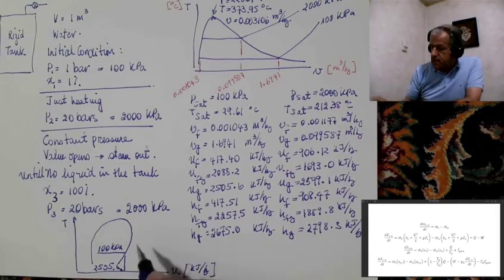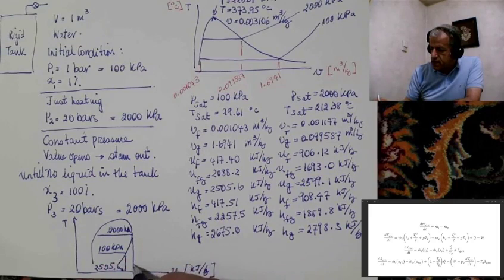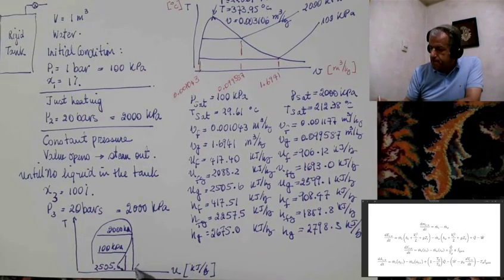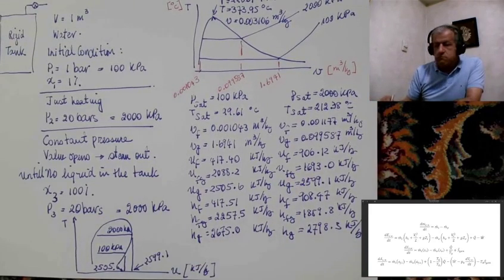But if this is 2000 kilopascals, the value here would be 2599.1.